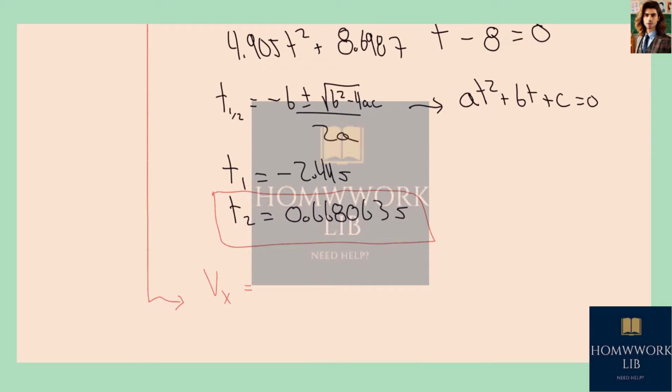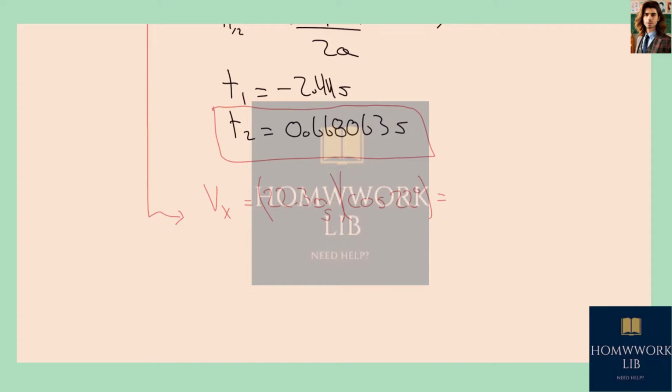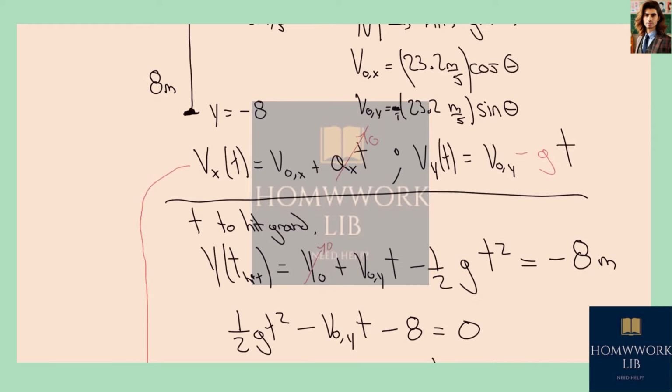So this is going to be 23.2 meters per second multiplied by cosine of 22 degrees, oh, sorry, over here, 23.2, not 22.3. 23.2 meters per second, which gives us 21.51 meters per second.